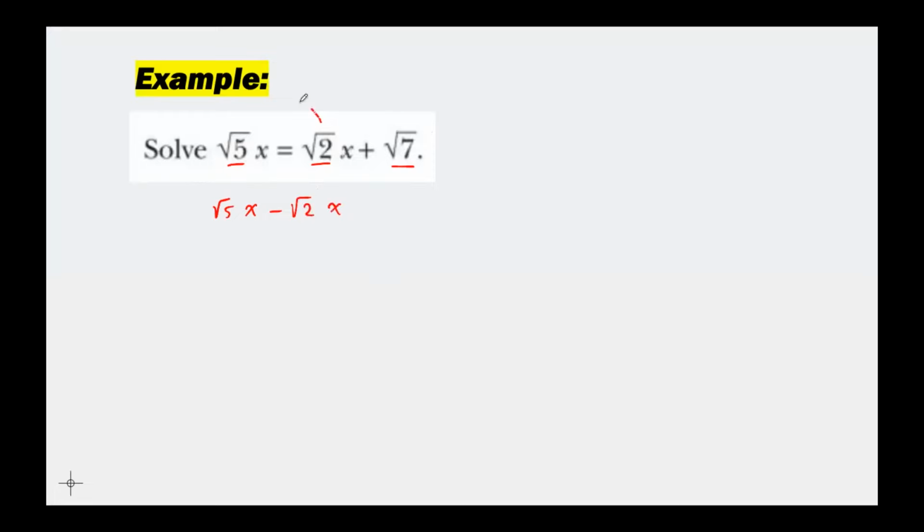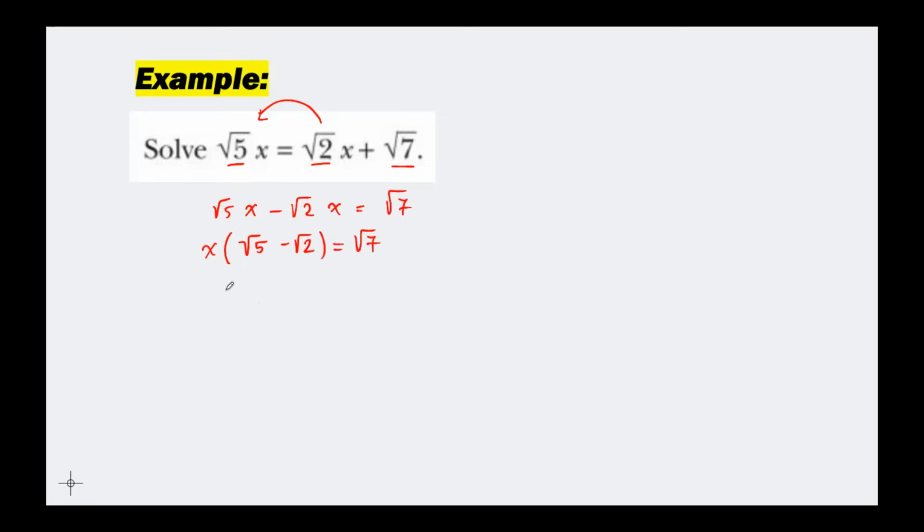So I'm going to transfer this to the left side of your equation, and that will give us equal to square root of 7. Then because x is a common factor, you can factorize that and you are left with square root of 5 minus square root of 2 is equal to square root of 7.